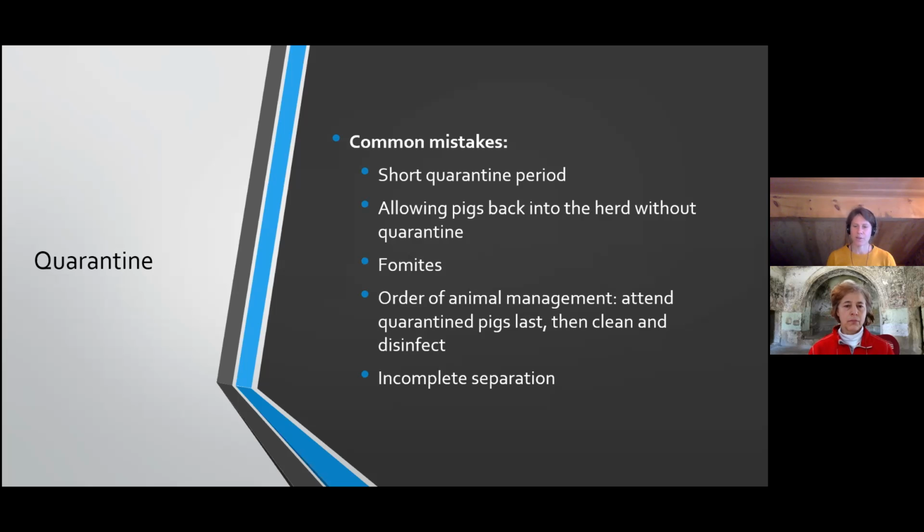Fomites, again, those are inanimate objects that can become contaminated with a pathogen. So fomites could be things like your boots, your coveralls, or even something like the tractor buckets. It's certainly easy to have duplicate boots, but maybe not a duplicate tractor. So it's really important to keep in mind that moving between these groups with equipment like that can be another source of contamination.